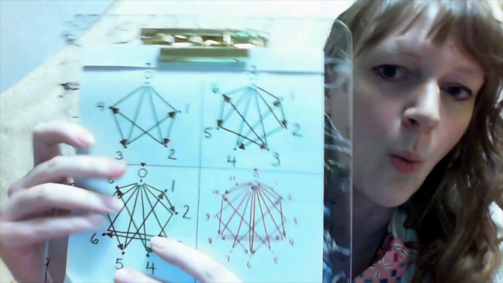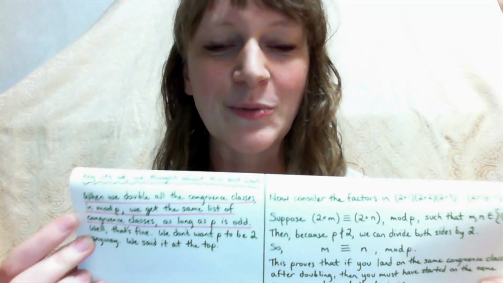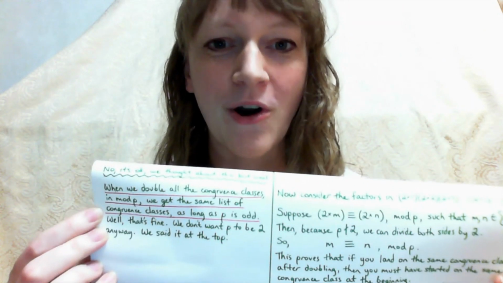So there's just an intuitive reasoning for why all of the congruence classes end up being the same list of congruence classes when you double all of them. The rest of the proof just falls into place. This part that we just explored is the core of what makes this proof work.